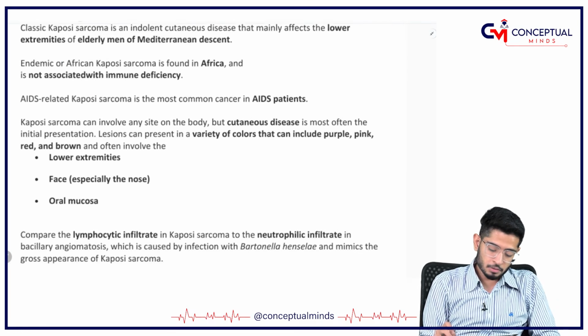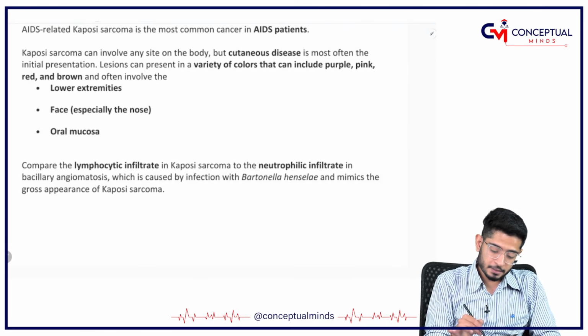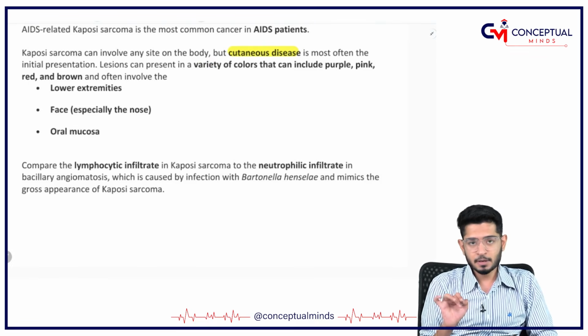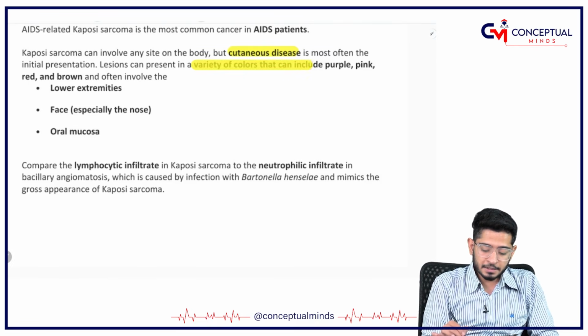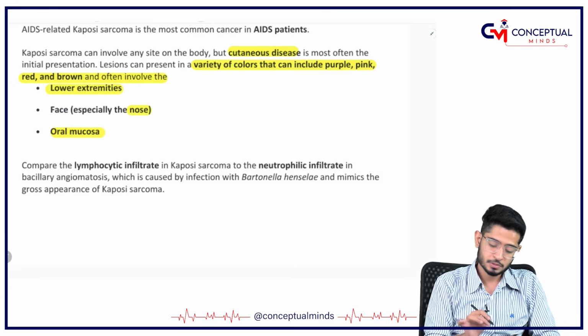Okay. Now, coming on to the important part, the clinical features. It causes cutaneous disease, in a variety of colors like pink, purple, red, brown, and it often involves the lower extremity, the face and the oral mucosa. Face, or you can say the nose. Okay.